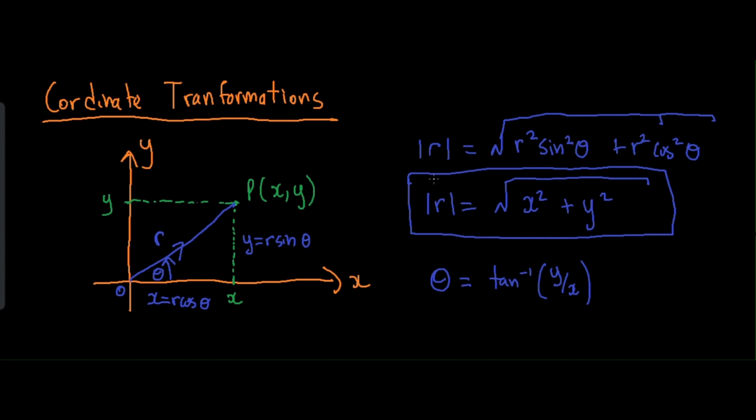So let's look at this with an example. Let's say we had the point 4 and 3. Now transform this into polar coordinates.